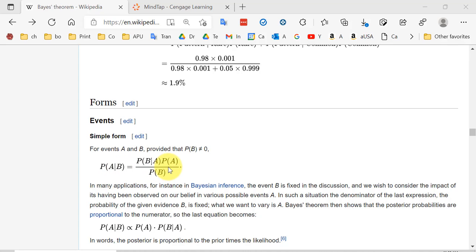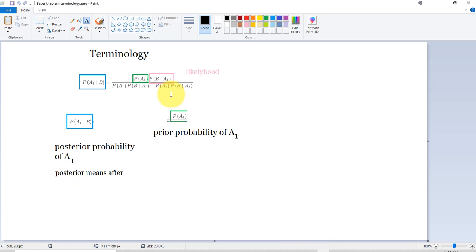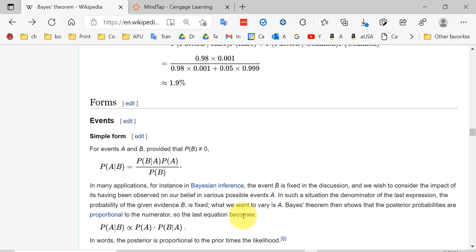And this one is not given B, so they call it prior to being given B. So this is called the prior probability of A, and this is called the posterior probability of A. And actually this term also has a name. It's called the likelihood, but you don't hear that very often.